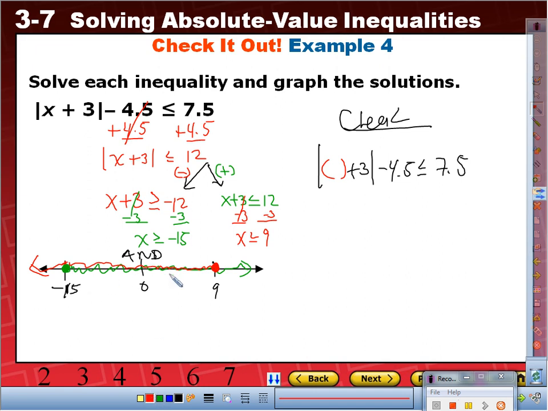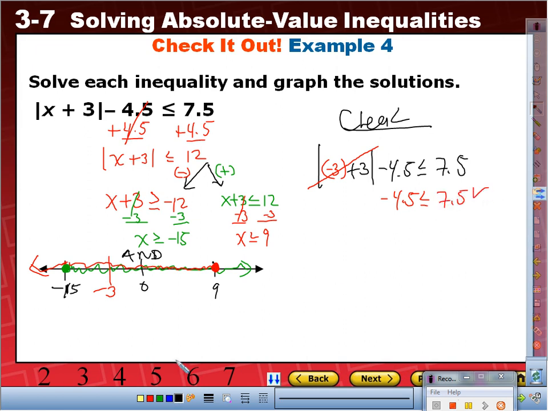All right, from our solution set, which number did you use to check? 0. Okay, I'm going to use negative 3 since it's part of the solution set, right? Check this out. What is negative 3 plus 3? 0. And we're left with negative 4.5. Is that less than or equal to 7.5? Yes.